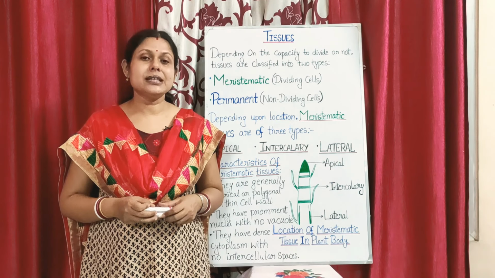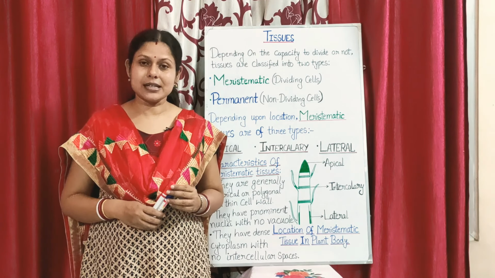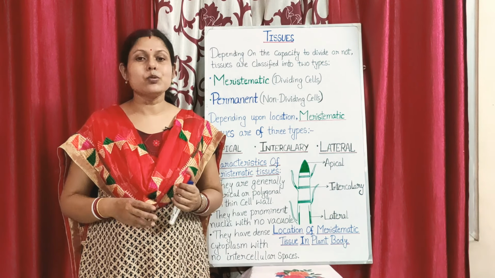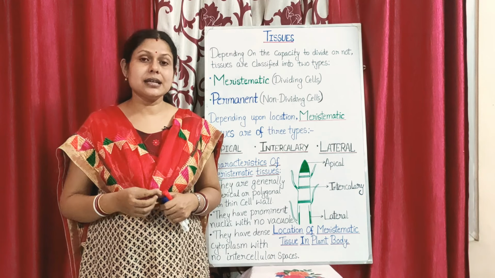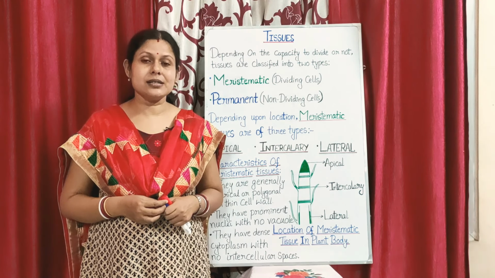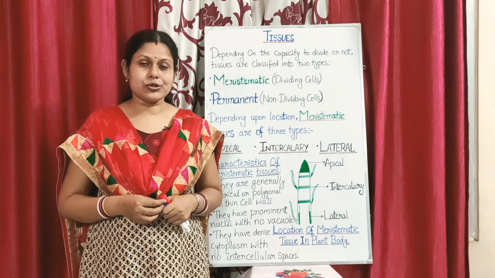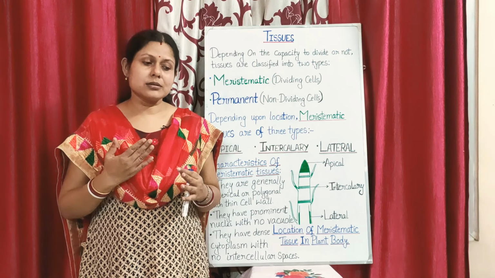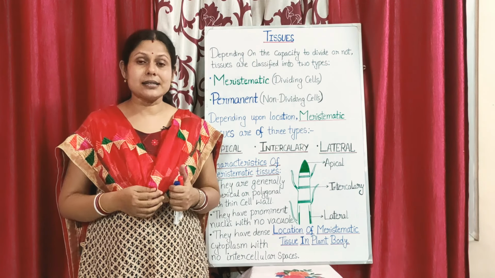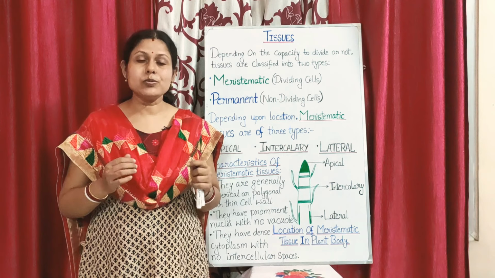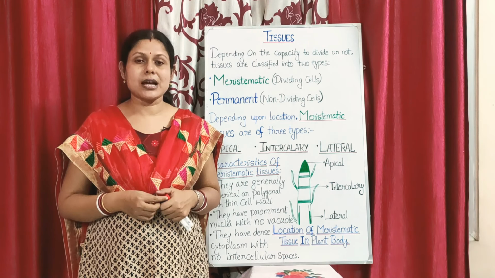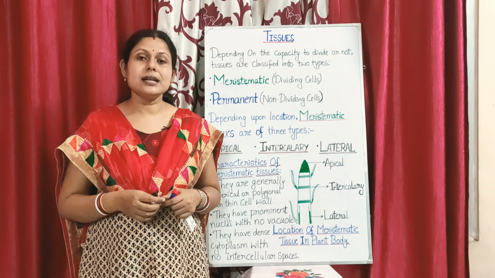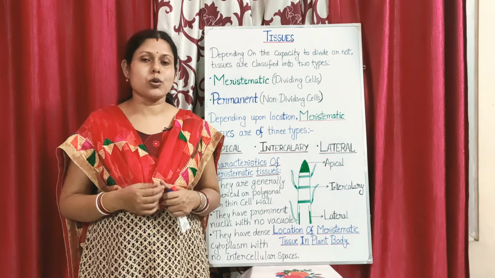If you remember, in the last topic we studied that plant tissues are mostly dead, supportive or protective. As a result, they need less maintenance energy compared to animal tissue. So most of the plant tissues, as they are dead, are mostly superficial, and the ones which are living are generally associated with the growth of the plant.